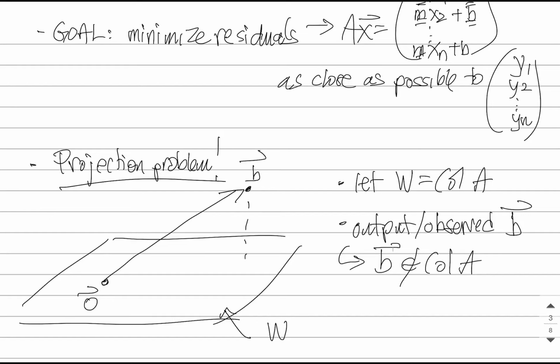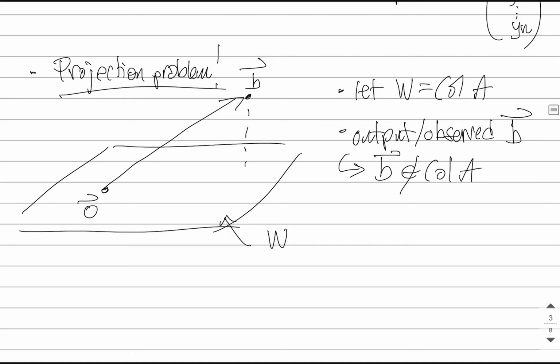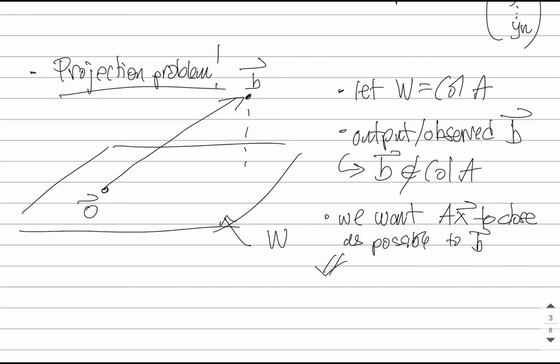So when I talk about trying to find the best solution or the line that gets as close as possible, we want this Ax to be as close as possible to our vector b. Well, we already know what vector does that. We know that b hat is the closest vector in the vector space to b.